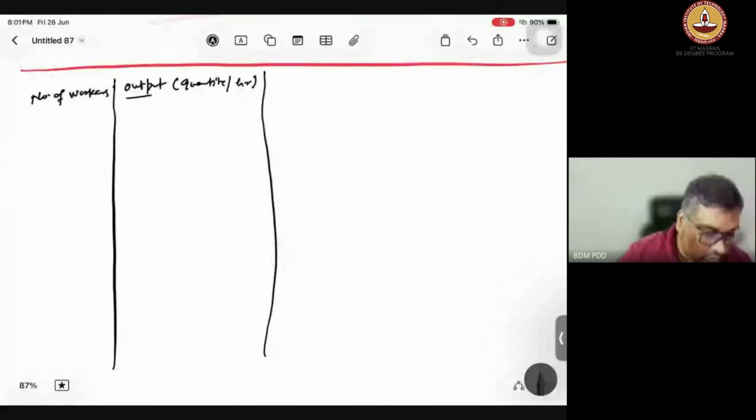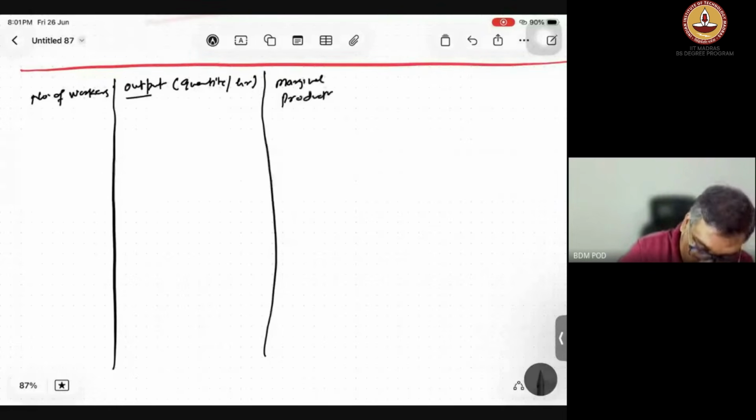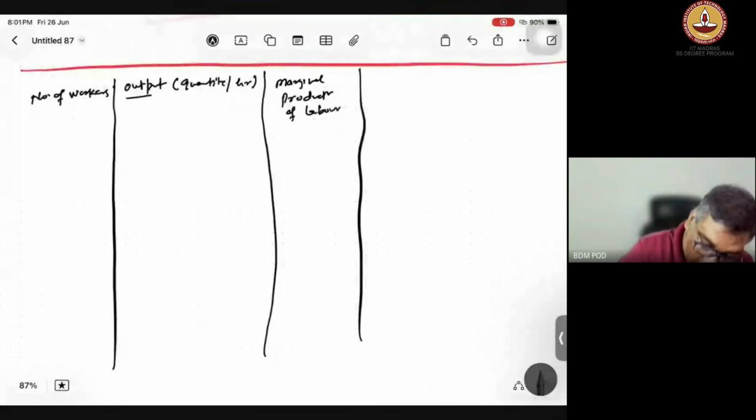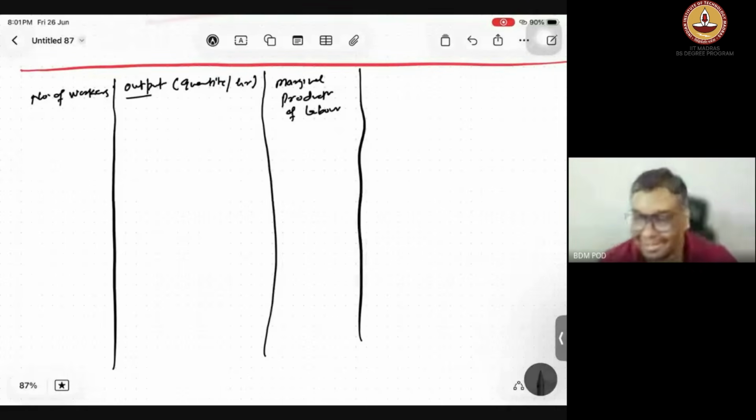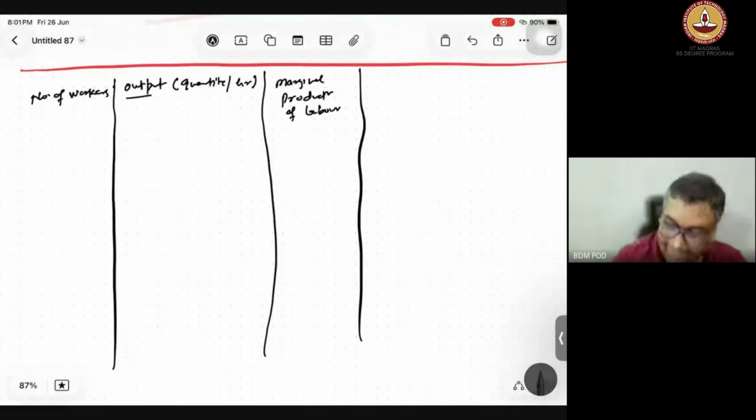Now coming to the marginal production of labor. Just don't worry about the names now, because something I have covered. I want to make the table one time. I don't want to make it again, but I'll come back to explain whatever is missing.